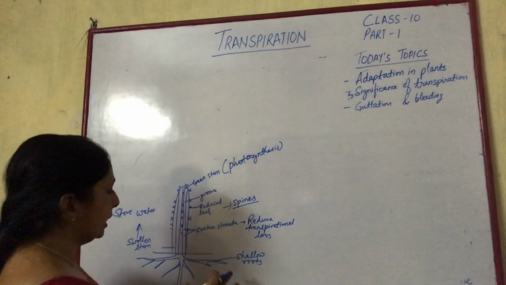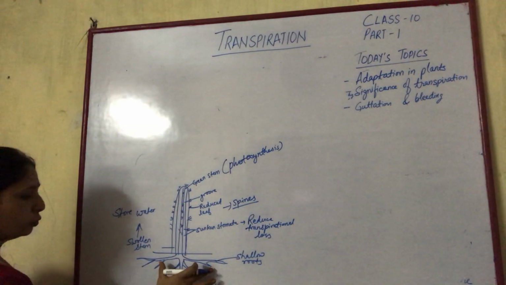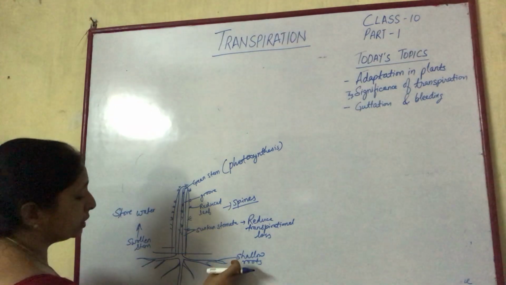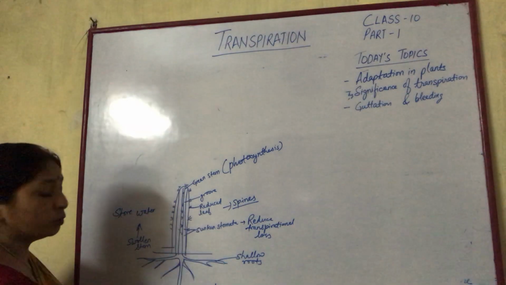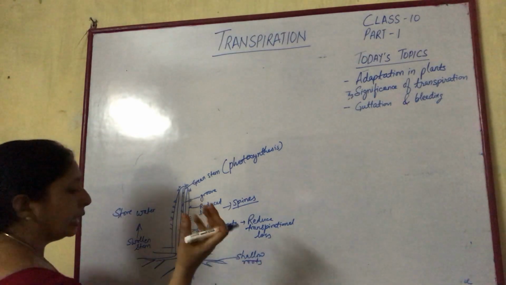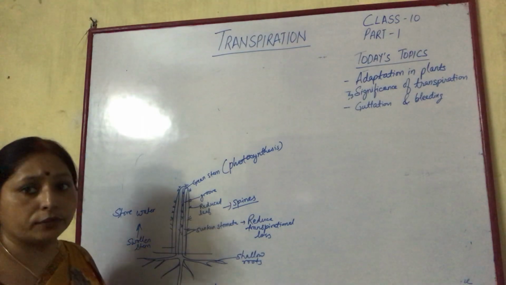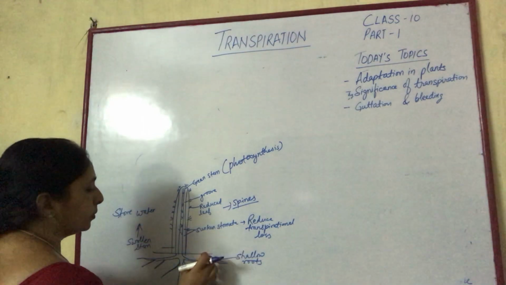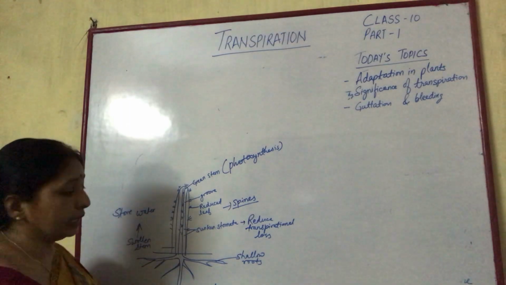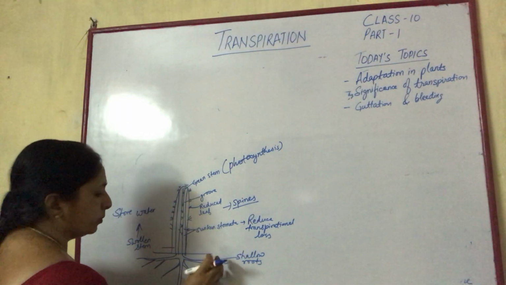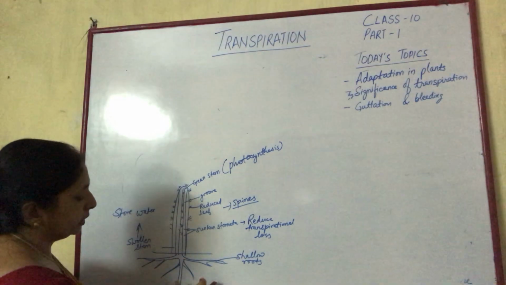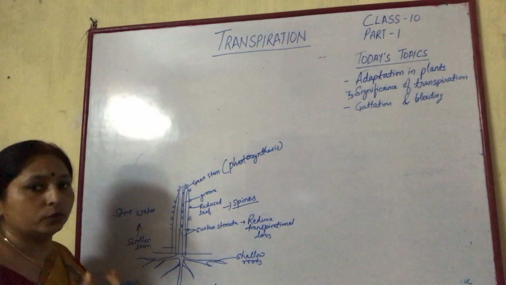Then next we come to the root portion. Roots are of two types: shallow roots as well as deep roots. Deep roots penetrate up to the water table, while shallow roots absorb light rainfall. If there is light rainfall in that area, shallow roots are there to absorb water from the rainfall, and deep roots to penetrate the water table.